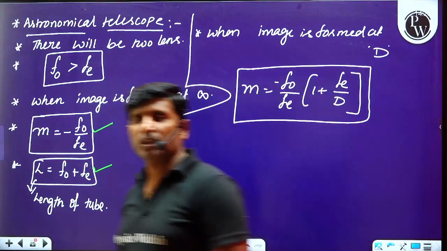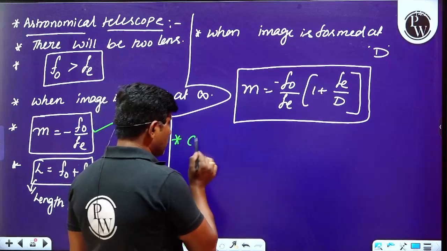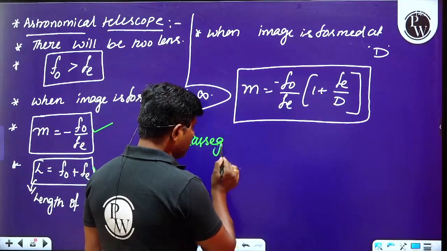These are the points we have to learn from the telescope. Finally, we can go with the Cassegrain telescope.